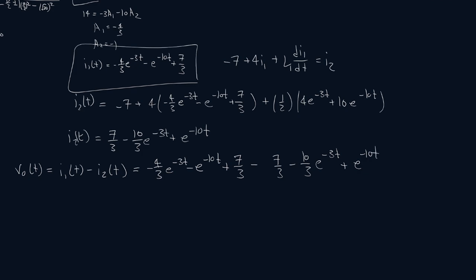Distribute the negative into everything, so minus plus minus. So this and this are gone. We should get 2e^(minus 3t) minus 2e^(minus 10t), and this is in volts, and that's your final answer.